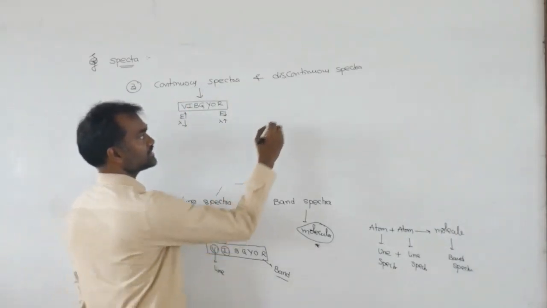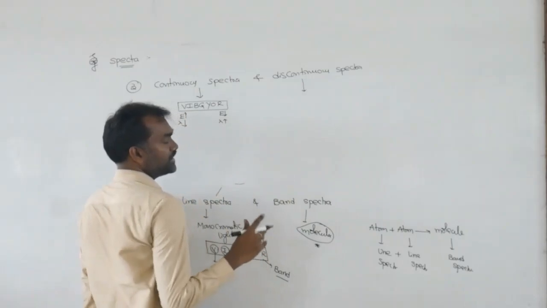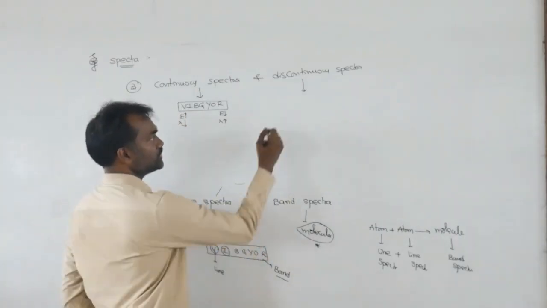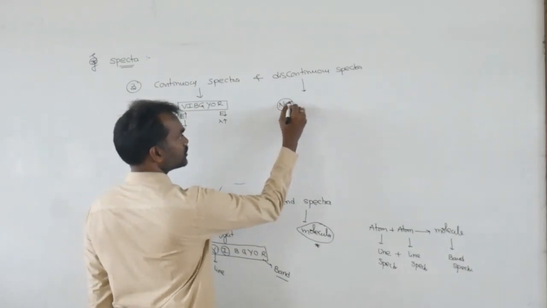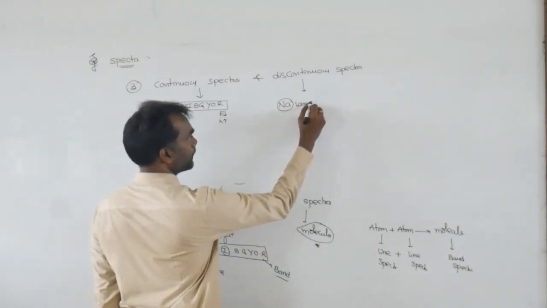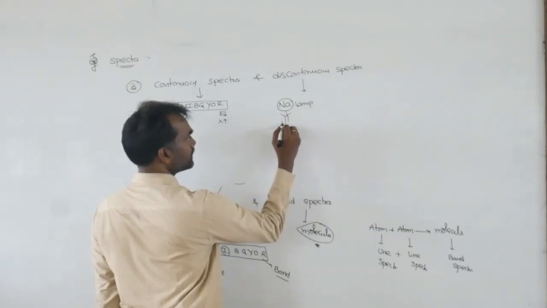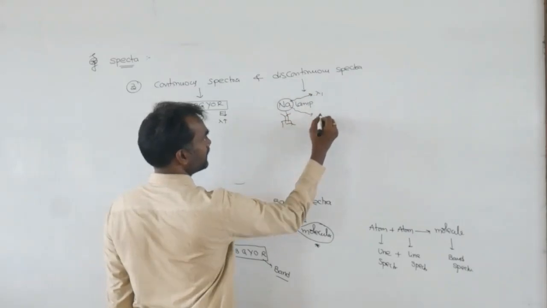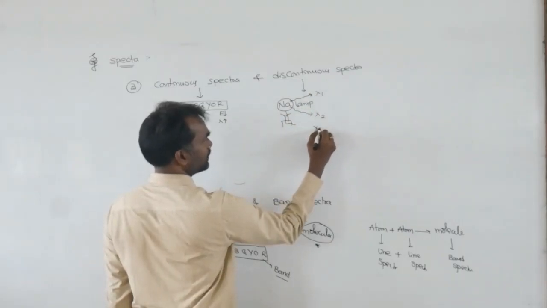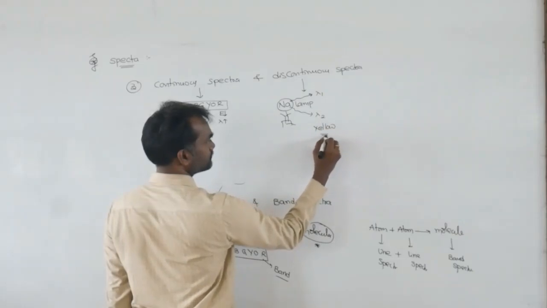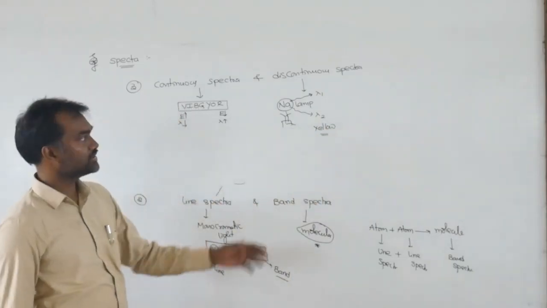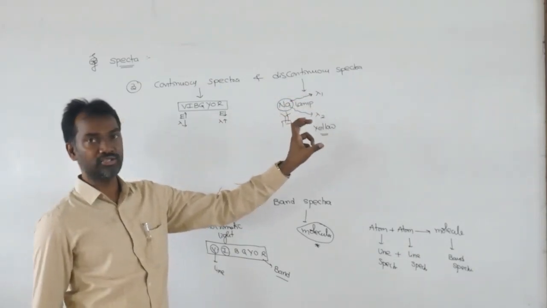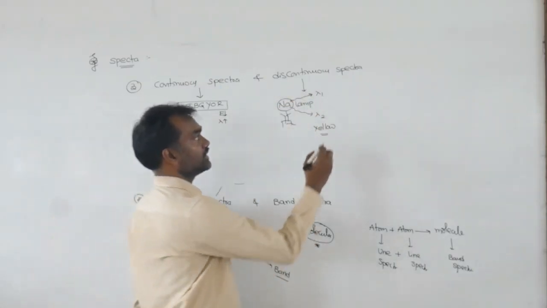In a discontinuous spectrum, some black space comes between the spectral lines. Suppose you take sodium. We heat a sodium lamp, and it gives two lambdas, lambda 1 and lambda 2, of yellow color. Both lights are in the yellow range only, but different.